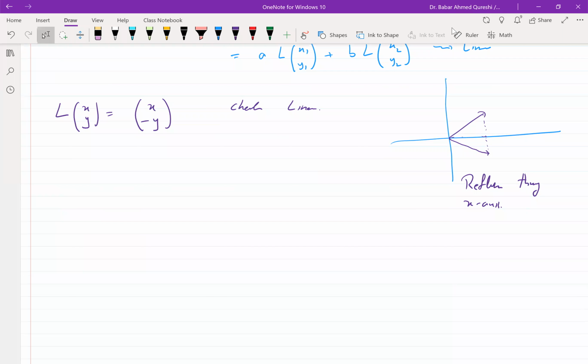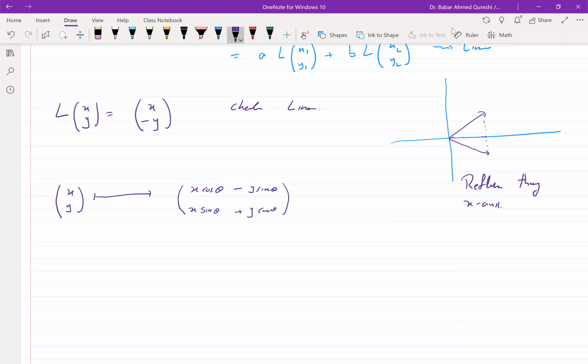We can consider this transformation, that x y, an arbitrary vector goes to this vector. Y sine theta, x sine theta plus y cosine theta.